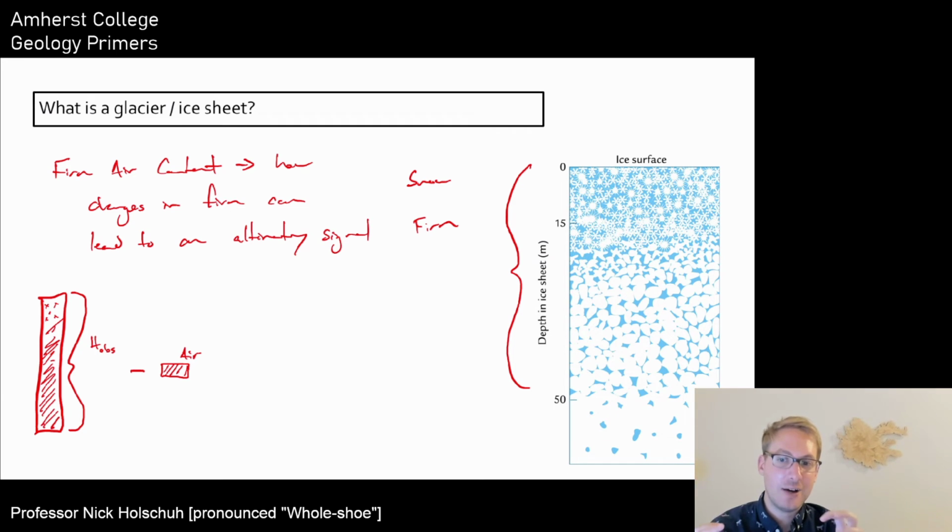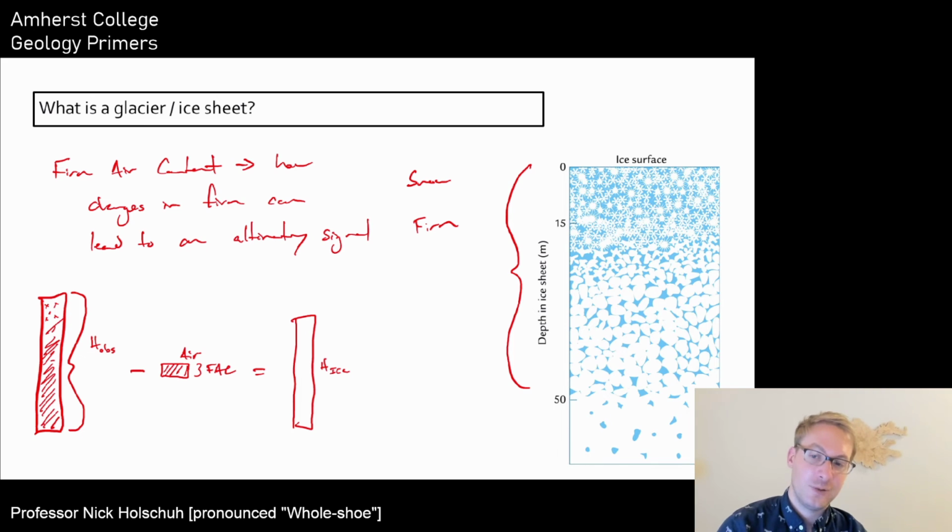Imagine we squeezed out all of the air, we stacked that air up in its own little column, so we had just ice, just air. We call the height of this pure air column the firn air content. So if we take the observed height, we remove the firn air content, what we're left with is just height of glacial ice. And because we know the density of glacier ice, we can then convert that to a mass.